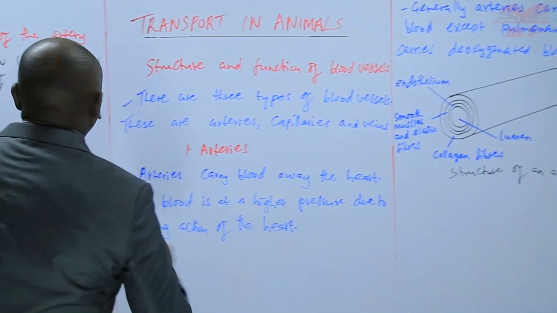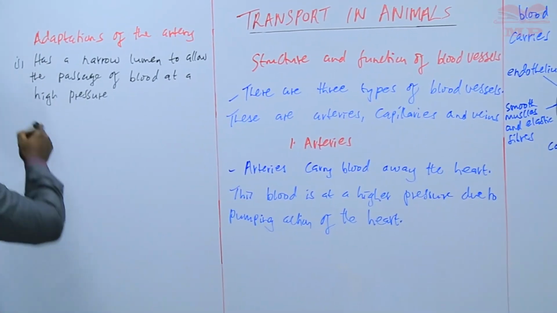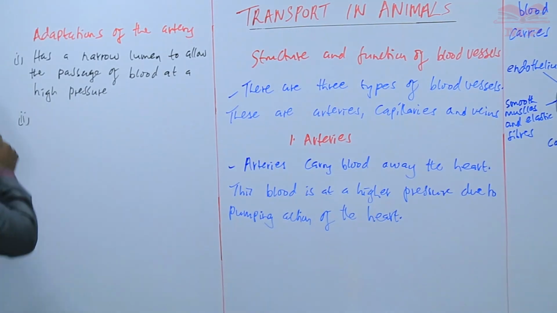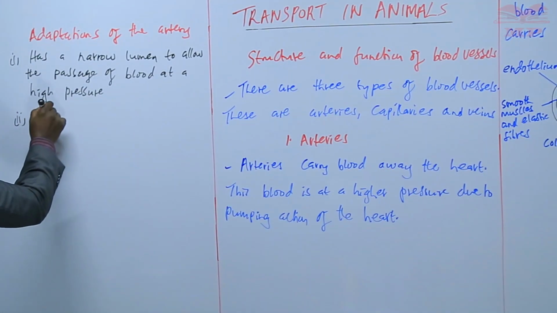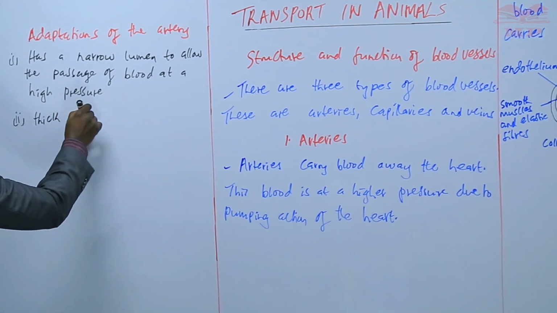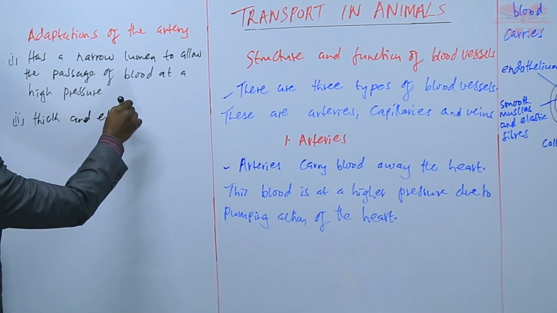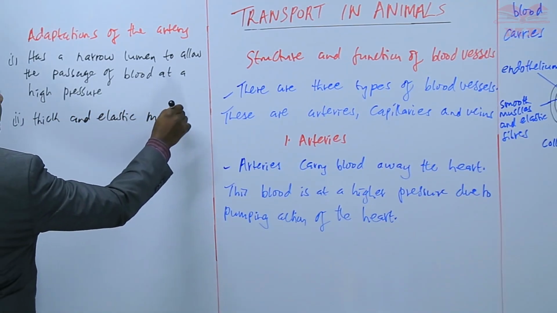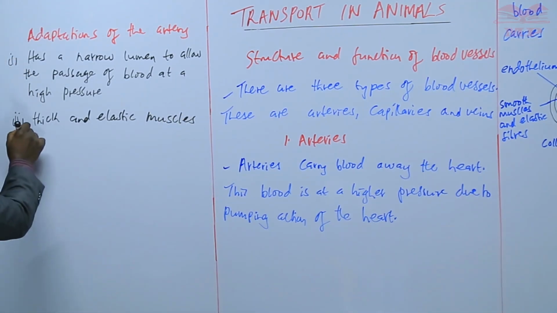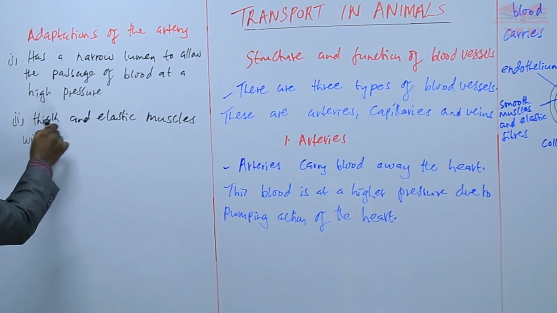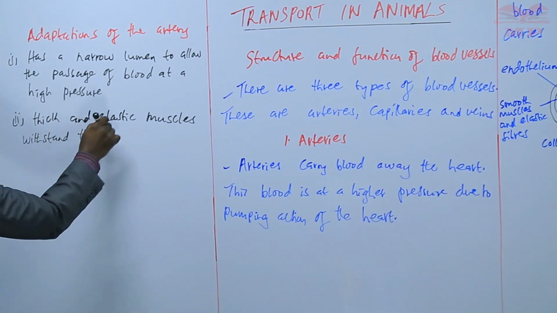Then another adaptation of the arteries is in terms of the thick and elastic muscles. They are able to withstand the high pressure.